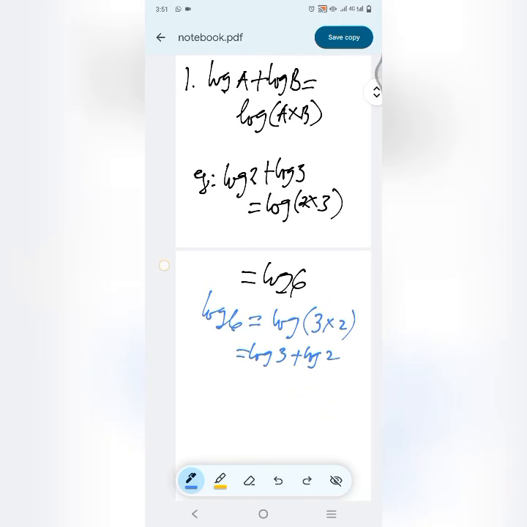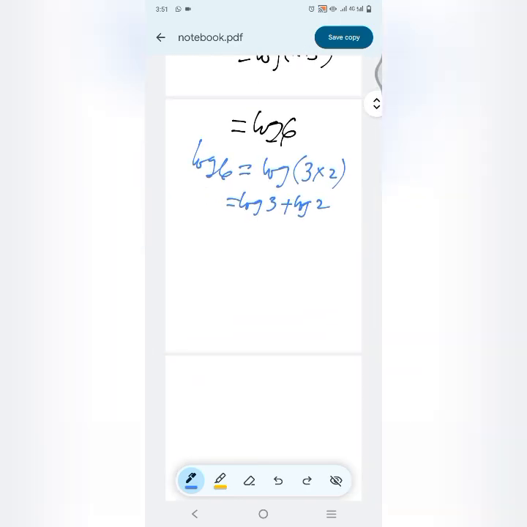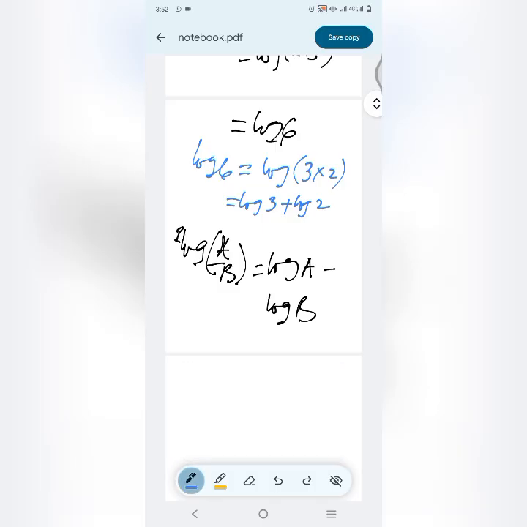Let's go ahead and see other laws of logarithm. The second one we want to consider is division. If we have a log to any base of a divided by b, it is the same thing as log a subtracting log b. Let's see quickly an example.